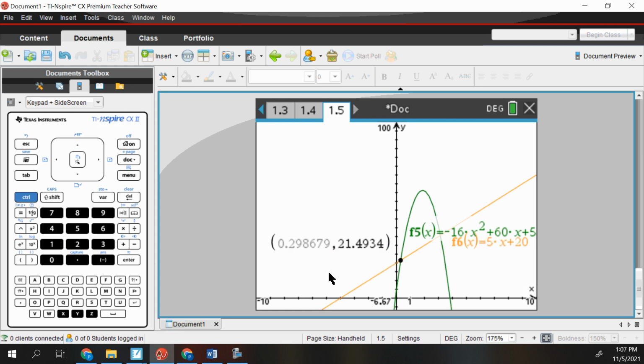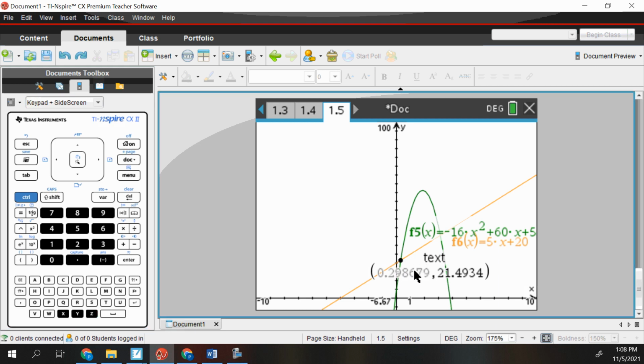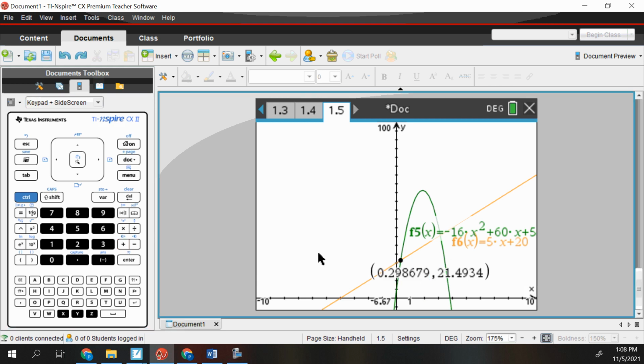Another feature, if you ever want to see more X values, and by that I mean more decimal places, click the X value once and hit plus. It's not going to work on the computer one, but on yours, it'll show you more decimal places if you ever need it.